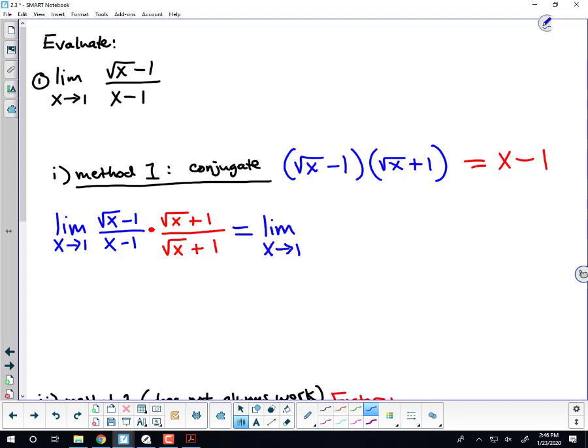All right, so the top we've already multiplied out. It's the first thing squared minus the second thing squared. Over. Now here's the thing, the factor of x minus 1, we want to eliminate that.